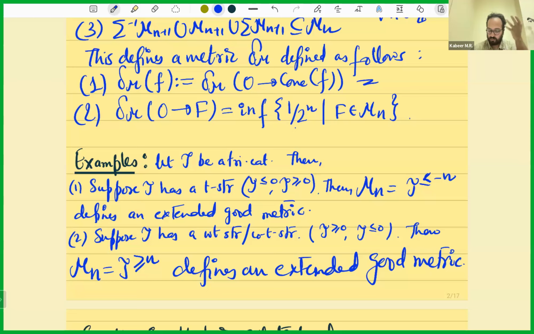Analogously, if you have a weight structure or a co-t-structure, then you can take the nth desuspension of the aisle to be the extended good metric. Of course, you may as well take the co-aisles and their shifts. That would also define an extended good metric, but in today's talk, these will be the important players.